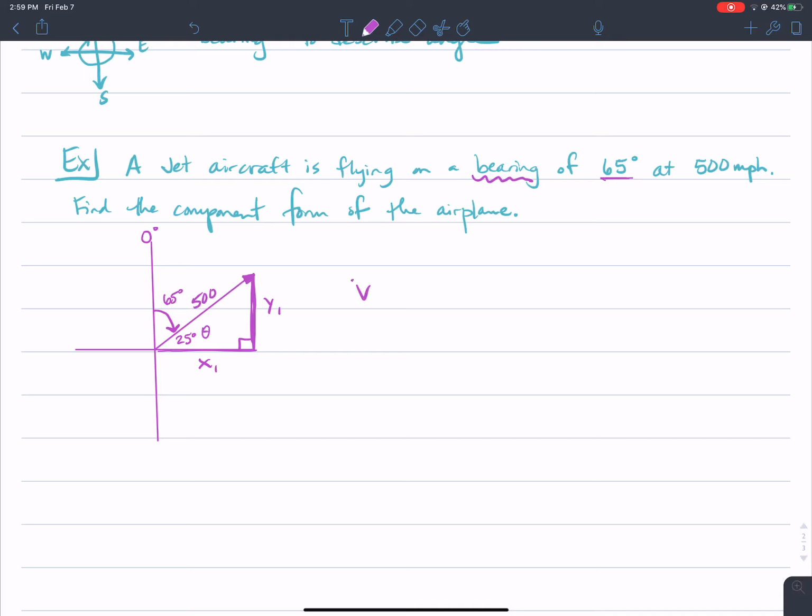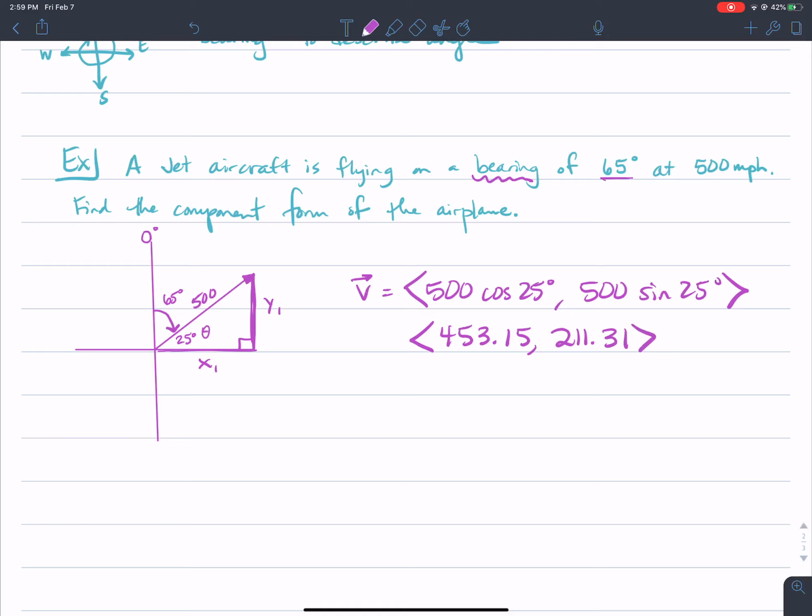So if you want to find the components using that formula, we can just do 500 cosine 25, 500 sine 25. It's pretty easy. But that's just using the formula that we wrote down before. And when you solve that, you get 453.15 and then 211.31. And those are the components.